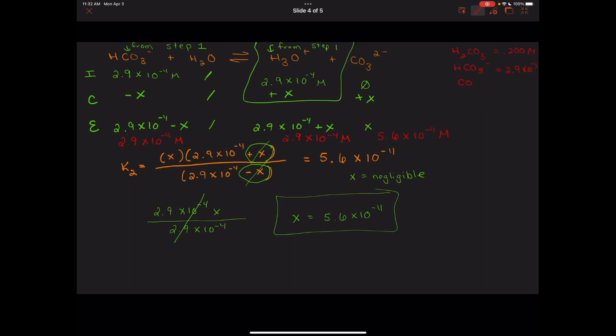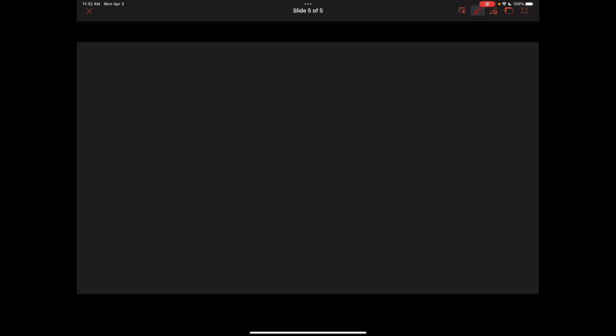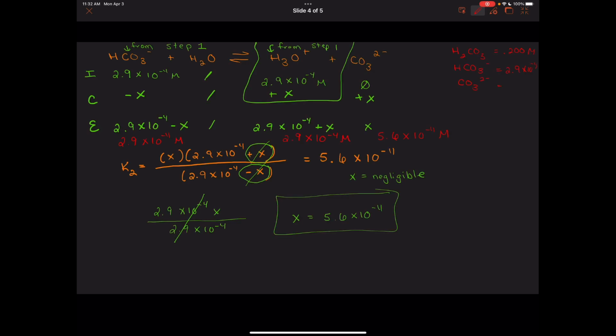We have CO3 2 minus, which is 5.6 times 10 to the negative 11th. And then we have hydronium, which was 2.9 times 10 to the negative fourth. So we've got all 4 of these species present in that solution, resulting from dissociation by 2 steps.